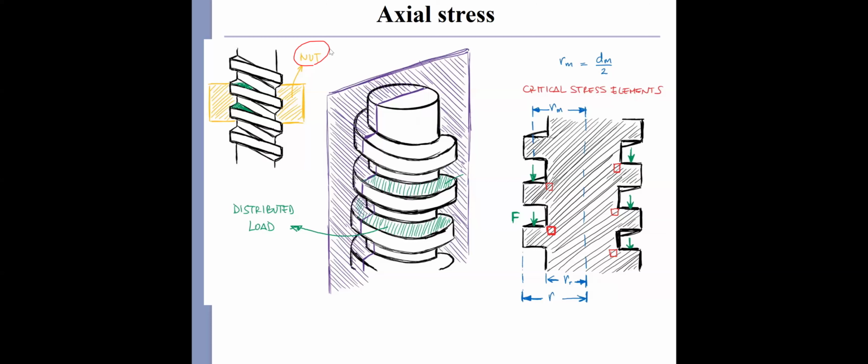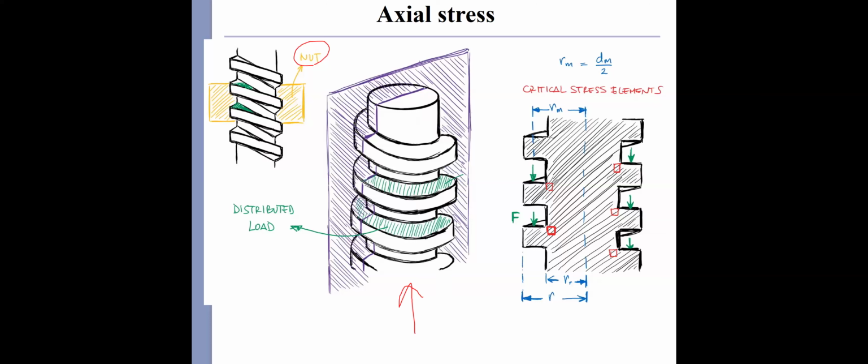The first stress is the distributed load applied to the surface of the thread, or we can call it a bearing stress, and the reaction applied to the power screw is the actual stress.